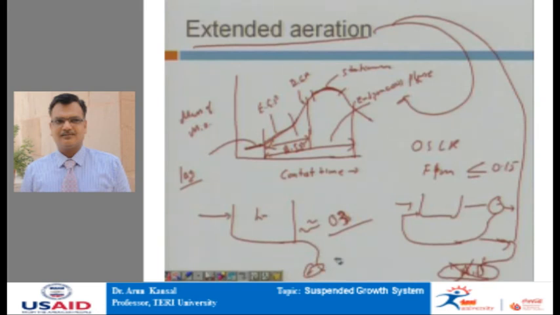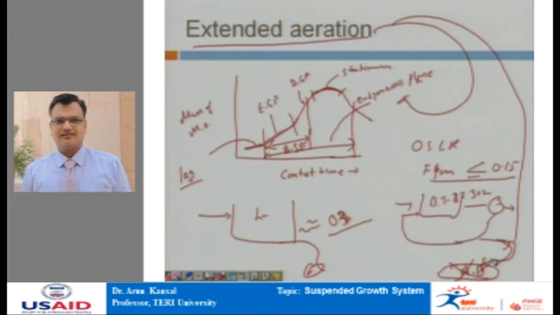So in fact, the extended aeration process is only a modification of the activated sludge process and consists of an aeration tank followed by a clarifier and a recycle line. So the entire system is the same as we have discussed in the activated sludge process. The only difference is that here the detention time is about 22 to 30 hours, F/M ratio is low, and we do not require further sludge stabilization.